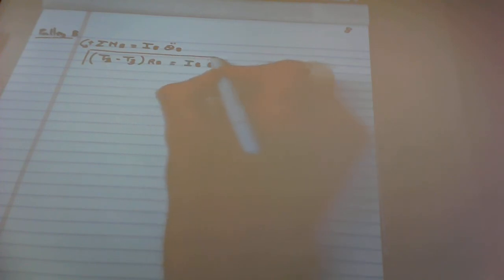That's it. Equal to I sub B theta double dot B. Equation 3.